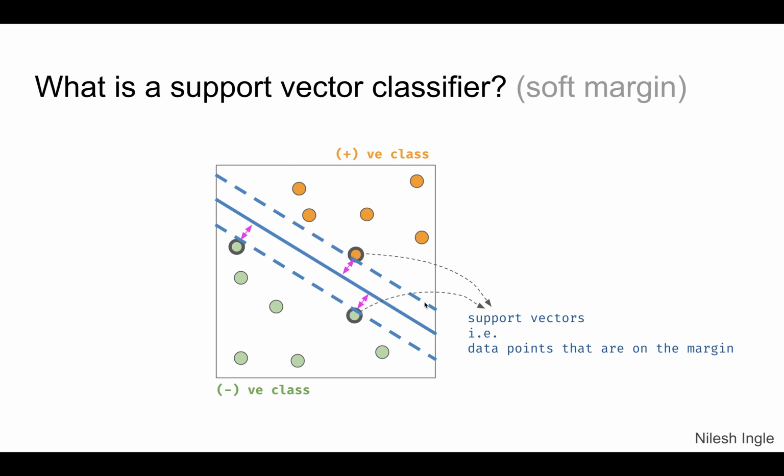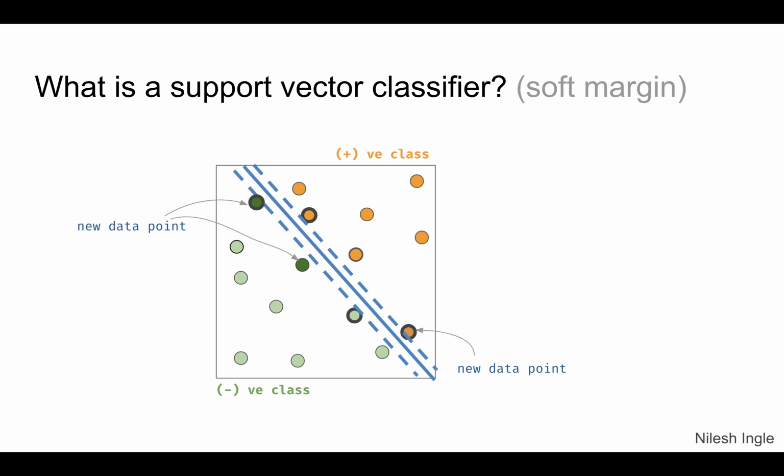These are called the support vectors. So these two green dots and that orange dot are the support vectors, and they're called support vectors because that dotted line is built based on those points for each of those classes.